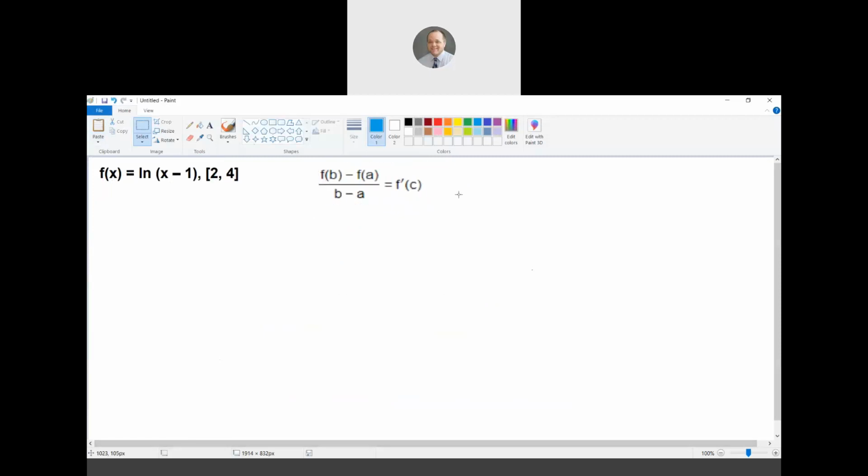All right. First thing, replace each x with c. So we have f of c equal to natural log, in parentheses, oh, sorry, that should be a C there.